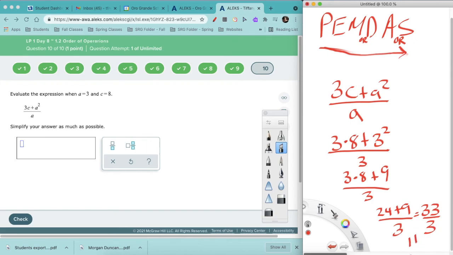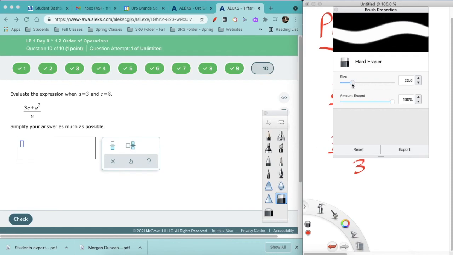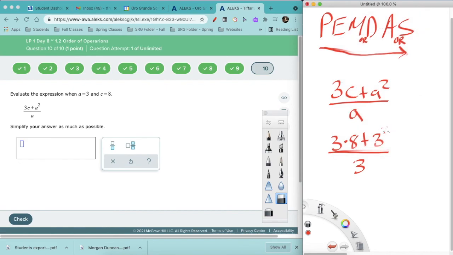I want to show you one thing too, because I can kind of back this up a little bit. Some of the students who are watching this might be a little bit more advanced. So I'm going to rewrite this as 3 times 3.